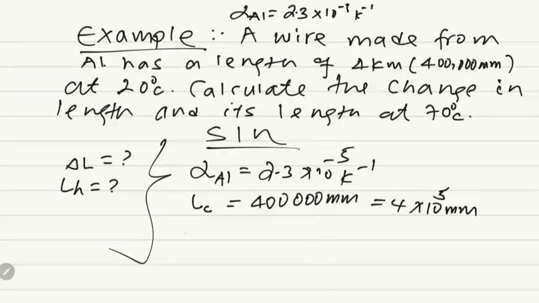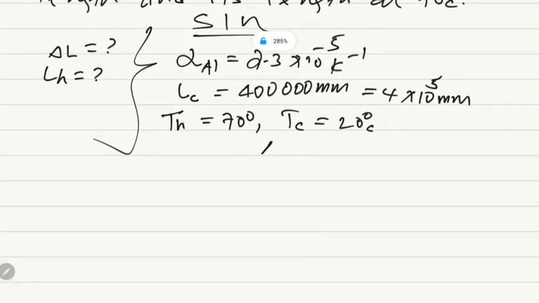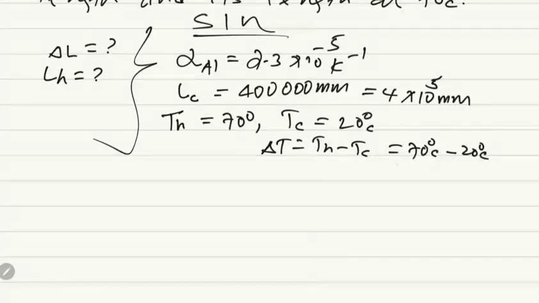The hotter temperature is given, it is 70 degrees Celsius, and the colder temperature is 20 degrees Celsius. From these two, the change in temperature is the temperature hotter minus the temperature colder, 70 degrees Celsius minus 20 degrees Celsius. That gives you 50 degrees Celsius.